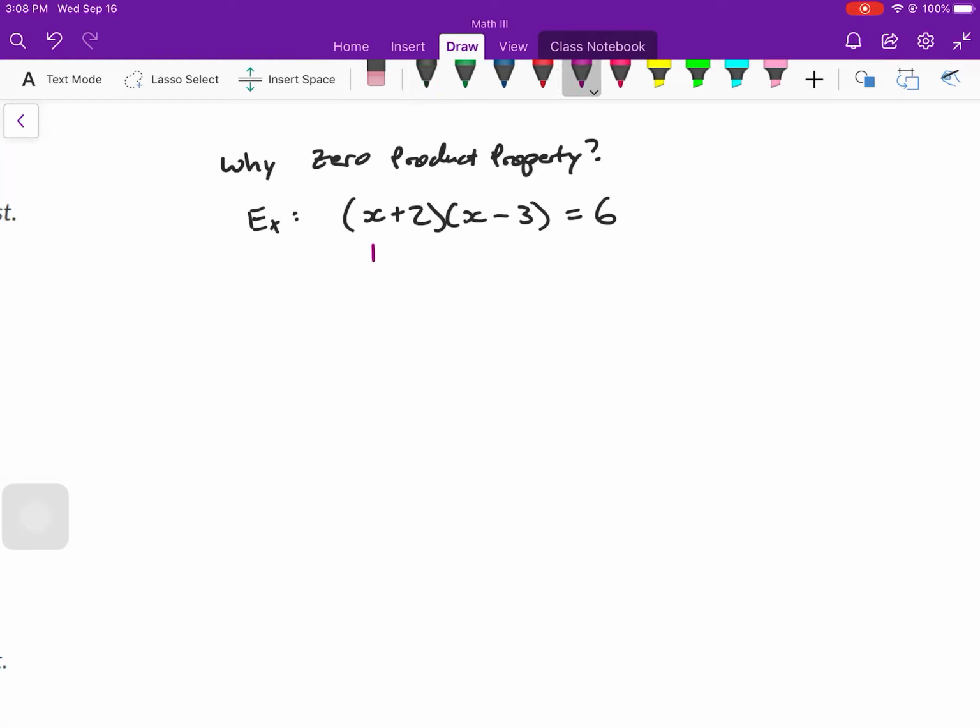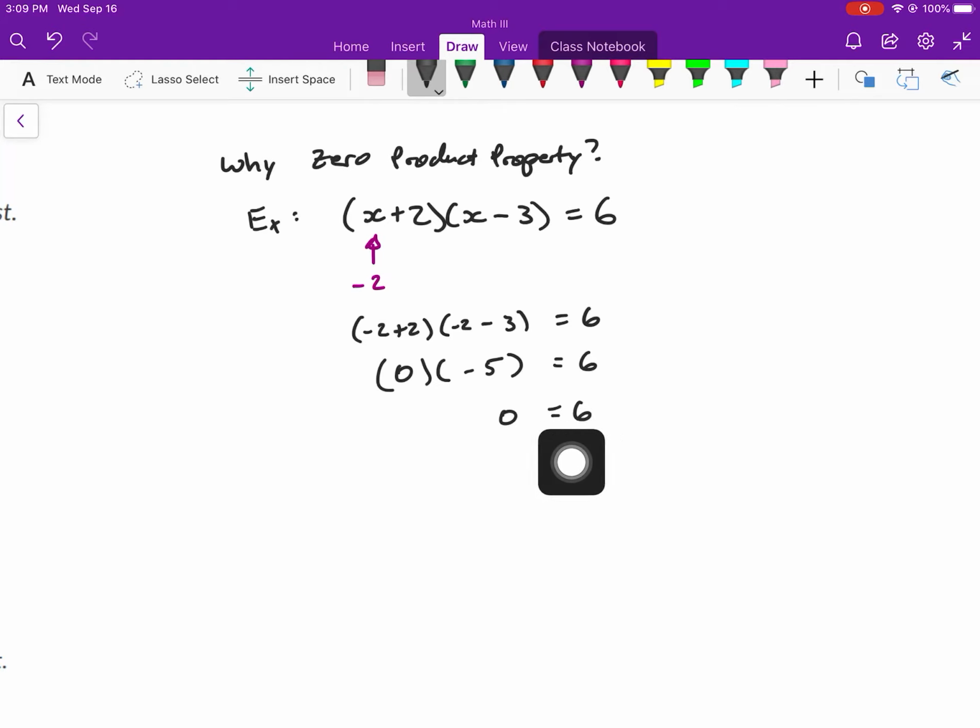Well, we know that the 0 would be negative 2. But if we plug the negative 2 in there, negative 2 plus 2 times x minus 3 would give me 0. Well, I'd have to plug negative 2 in there as well, right? 0 times negative 5 gives me 0 times that is 0. So 0 doesn't equal 6.